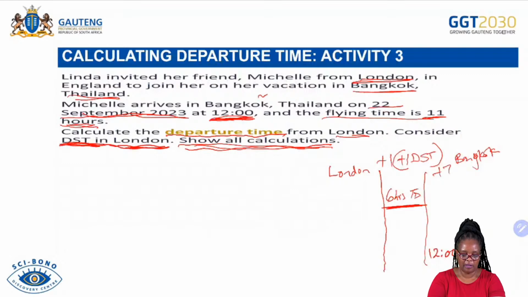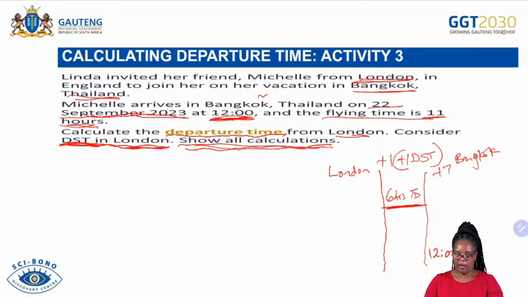It says Michelle arrived in Bangkok, Thailand on 22nd, 12 o'clock. So remember the golden rule. Don't make this mistake. Remember the golden rule, which says that you always move from the known to the unknown.